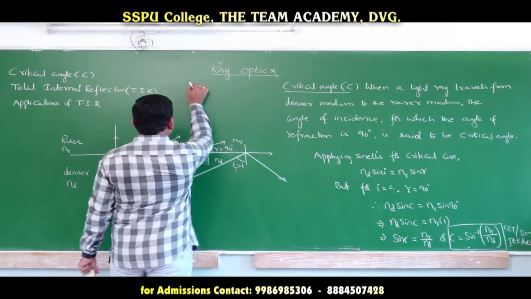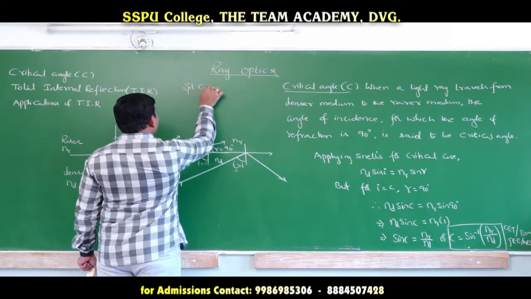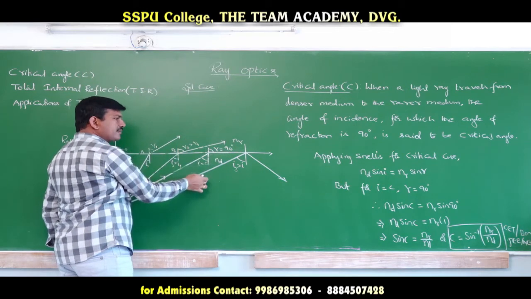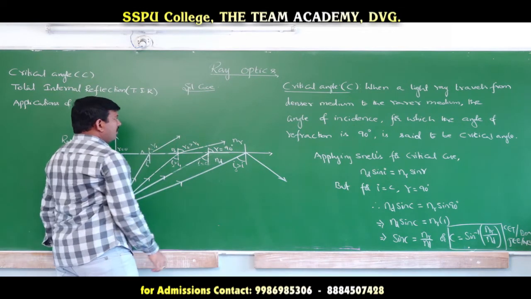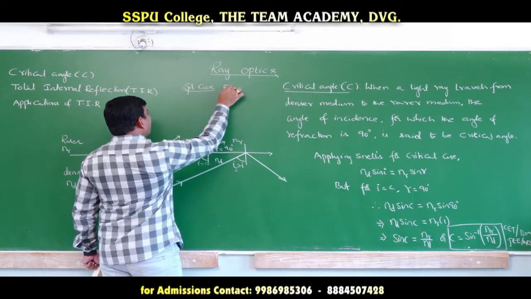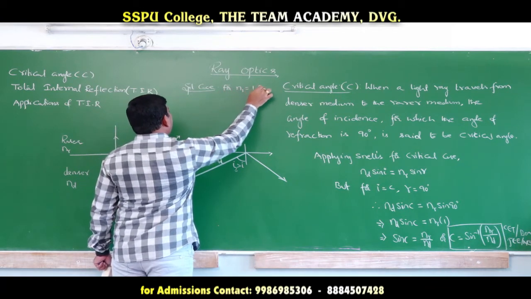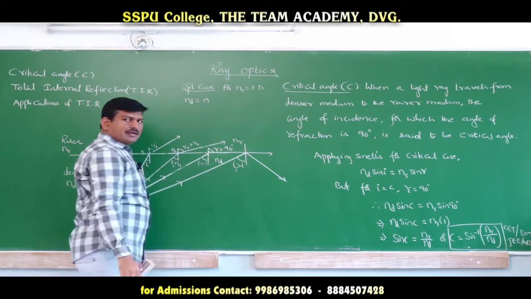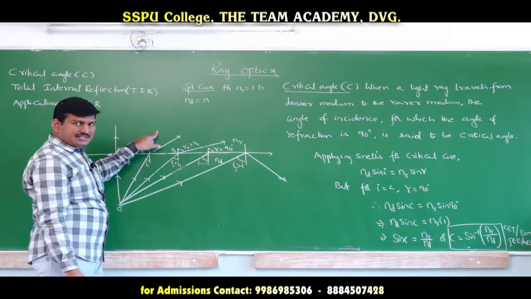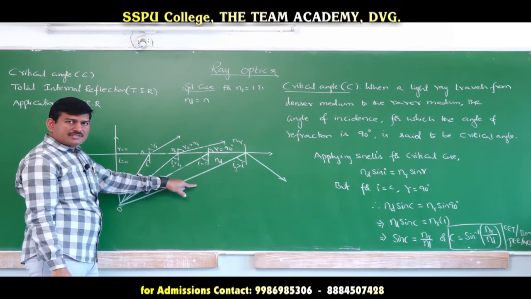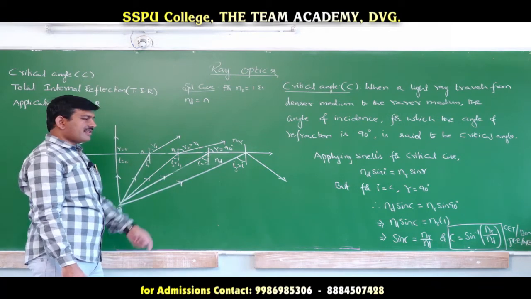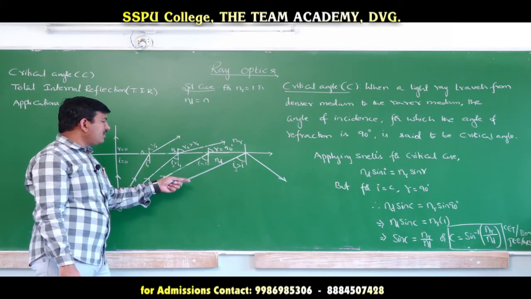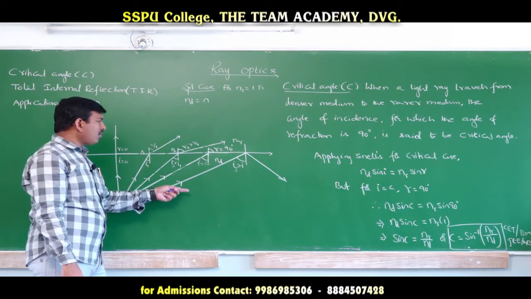Special case: if this is taken as the air medium and this is a medium whose refractive index is N, then Nr is equal to 1 and Nd is equal to N. That means the rarer medium is air and the denser medium is a medium whose refractive index is N. This might be water, glass, or any other optical medium.